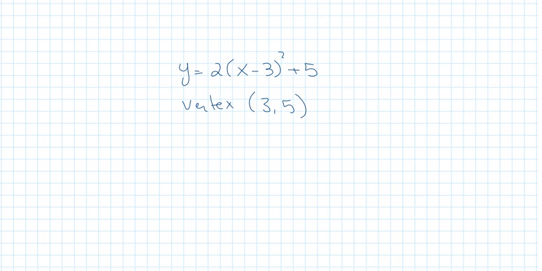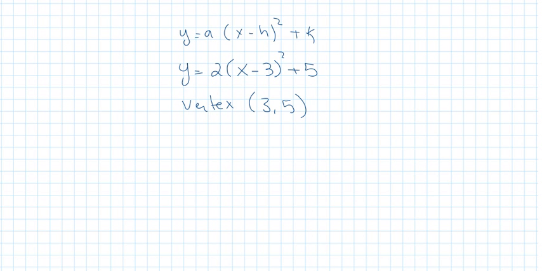Because technically speaking, this is the same thing as y equals a(x minus h) squared plus k. It looks exactly the same format. Put your hand up if you understand this. Good.